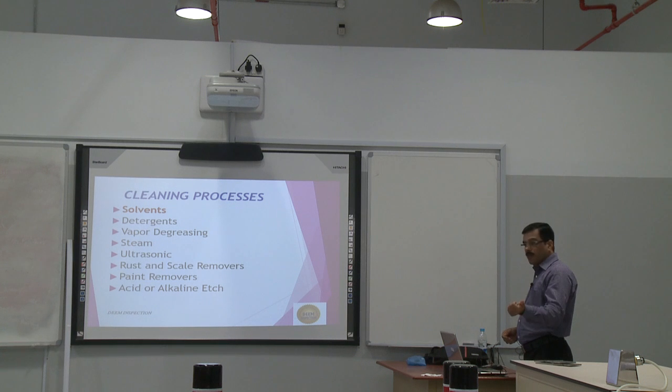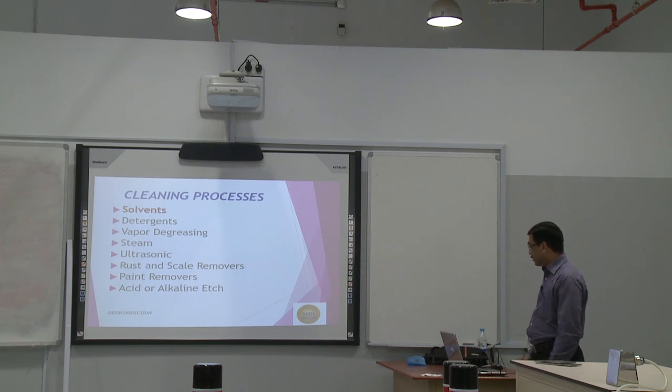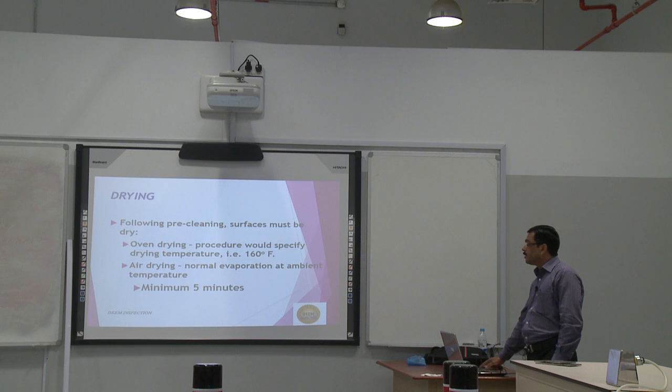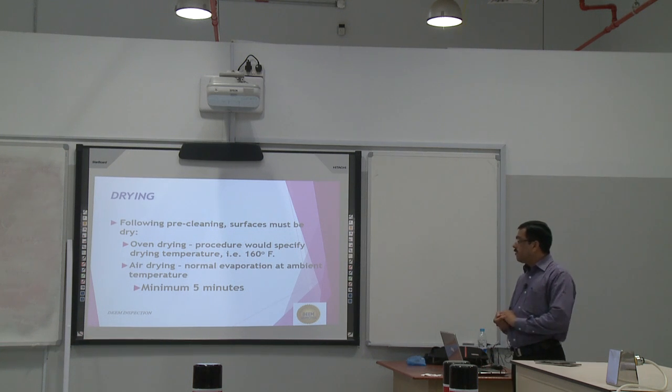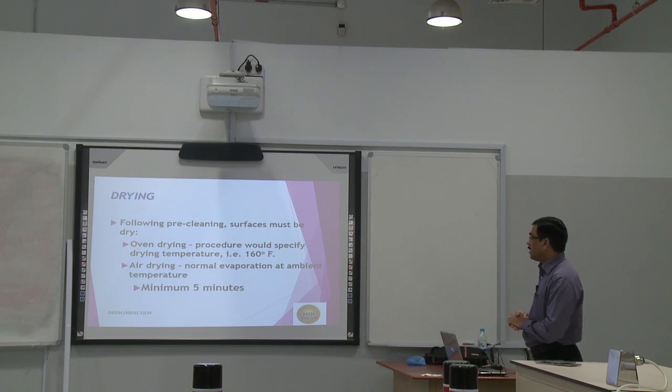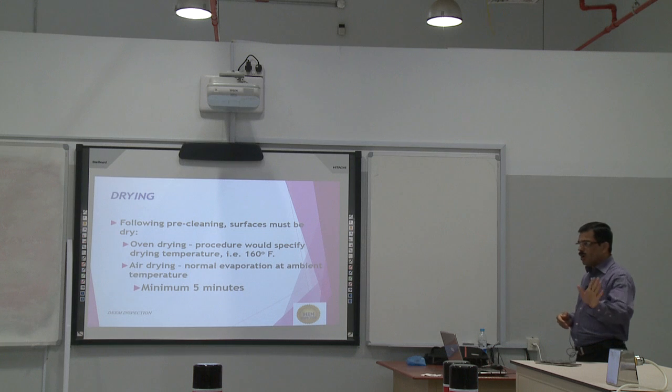So in our practical, here we are using solvent. After surface preparation, we will give some time to dry. The surface should be dry, and usually we give normal drying.